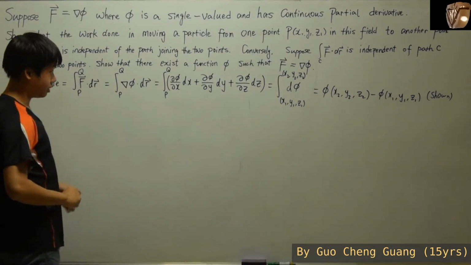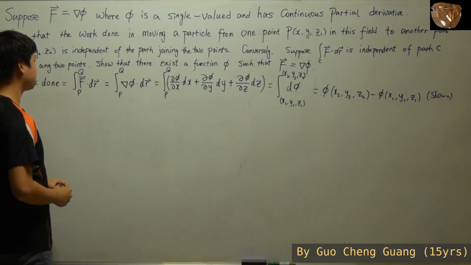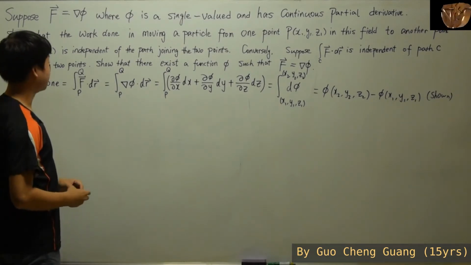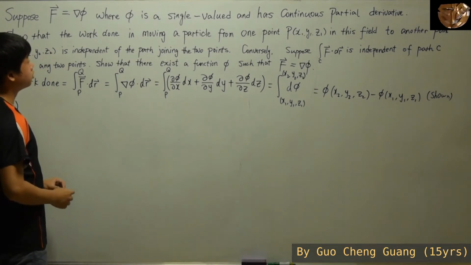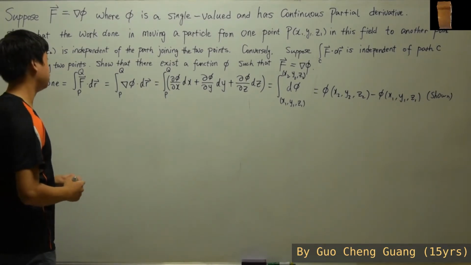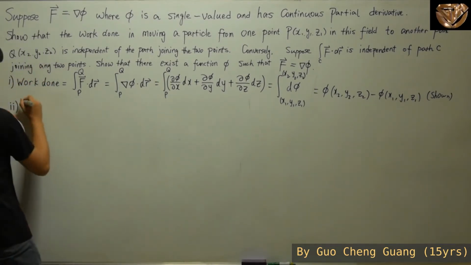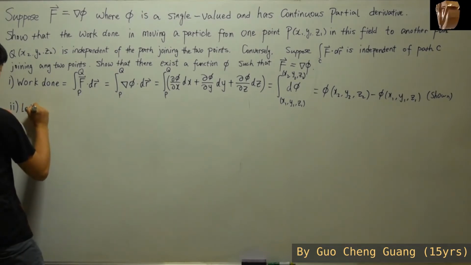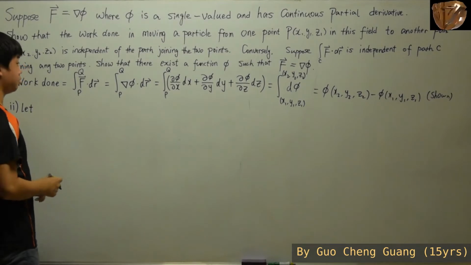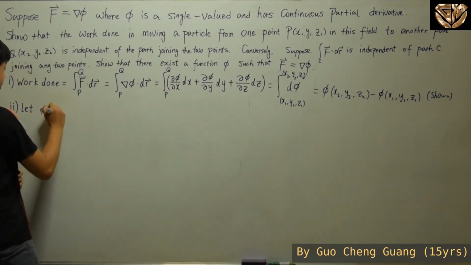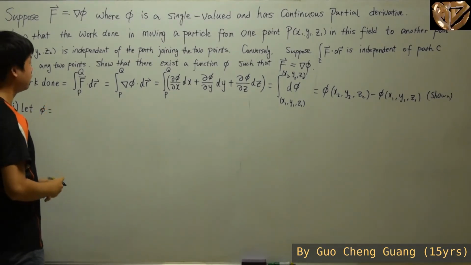One thing that might come to mind would be some kind of integration that you can do. So that will be kind of what we have here. So what exactly will we be letting phi be equal to?